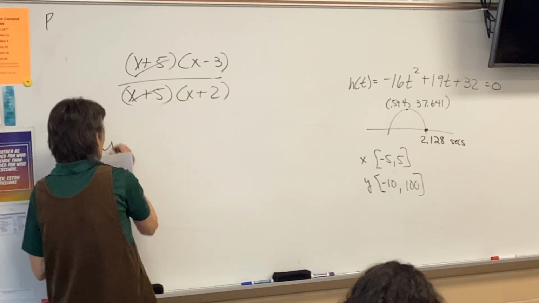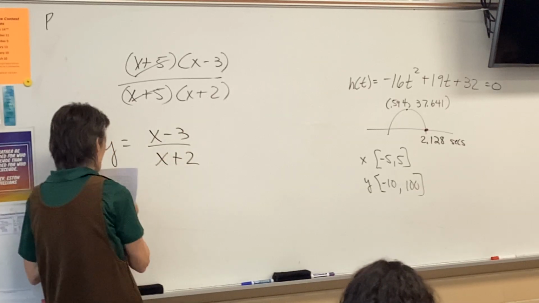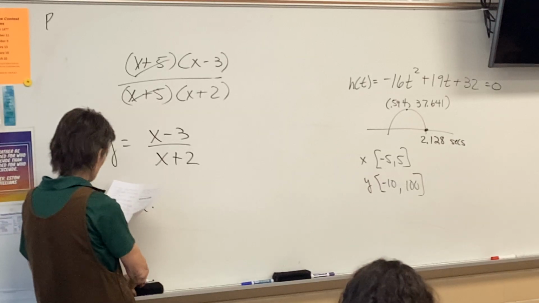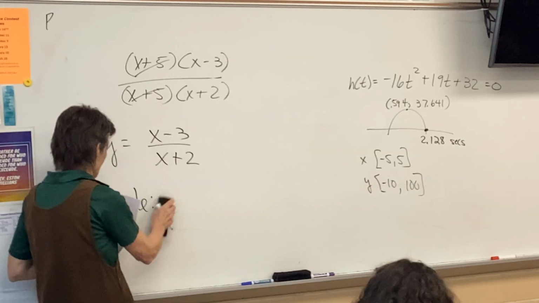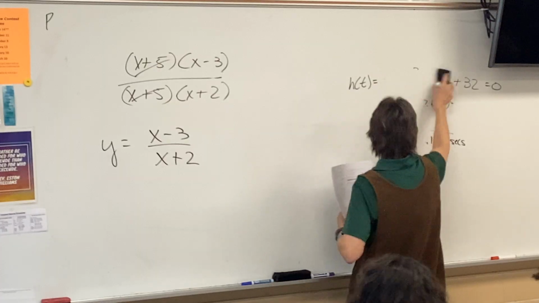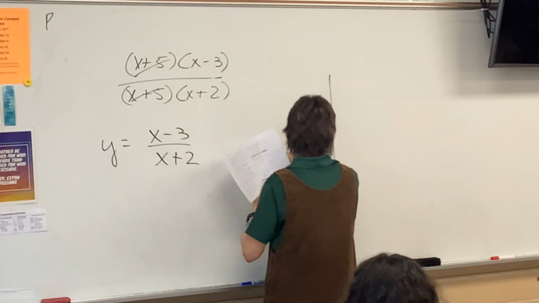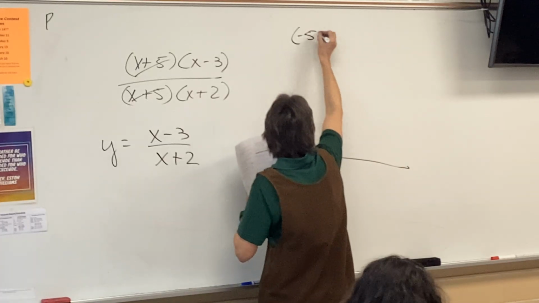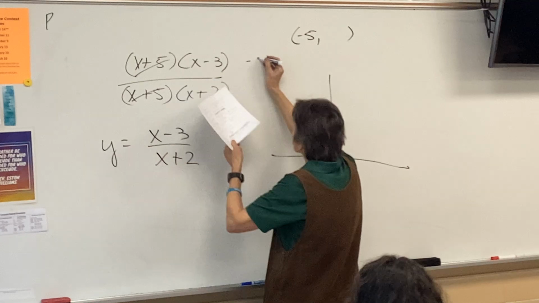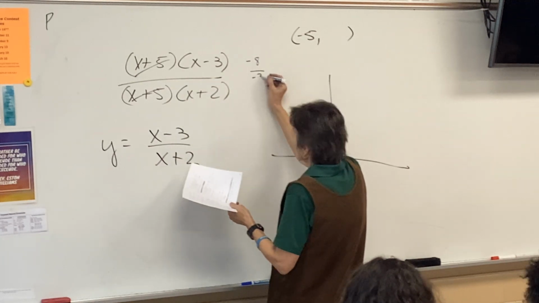We can cancel, which means we're going to have a hole where? I'm going to have a hole where x is -5. And if x is -5, then I'm going to get 8/3.